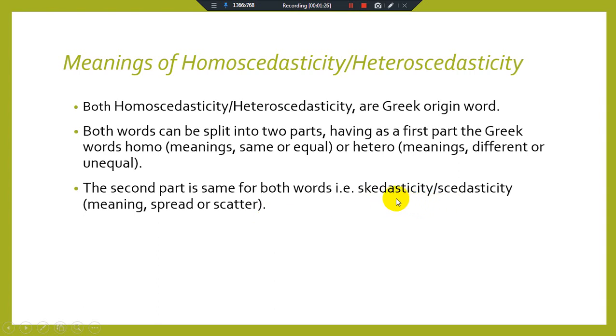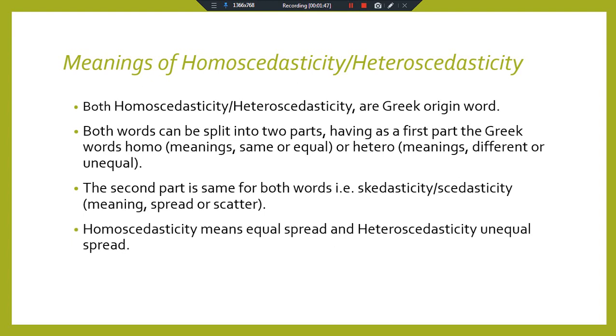The second part of both words, sedasticity, means spread or scatteredness: how much spread or scatteredness there is in the data. So homoscedasticity means equal spread, while heteroscedasticity means unequal spread.